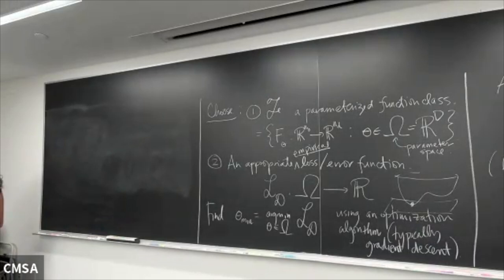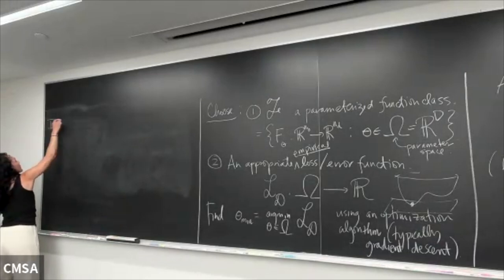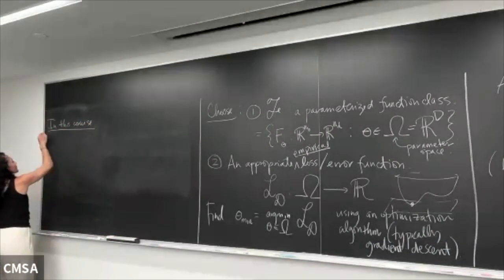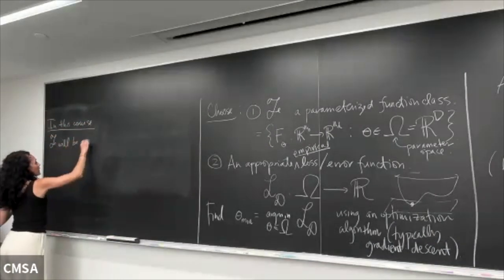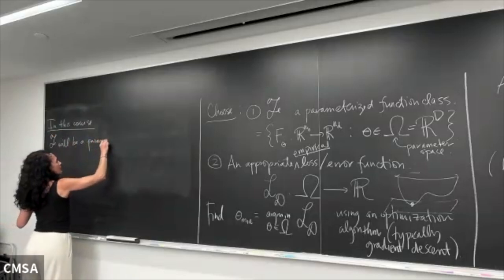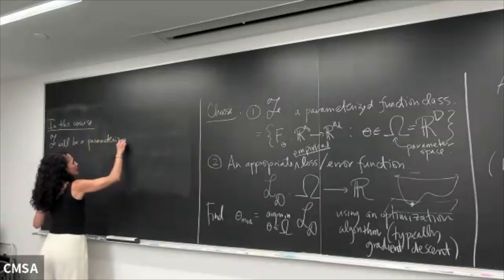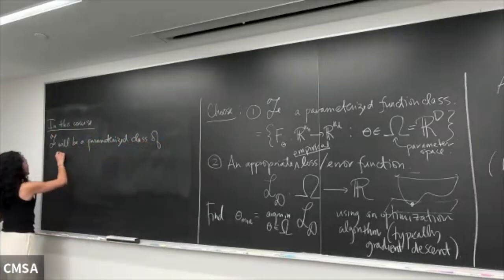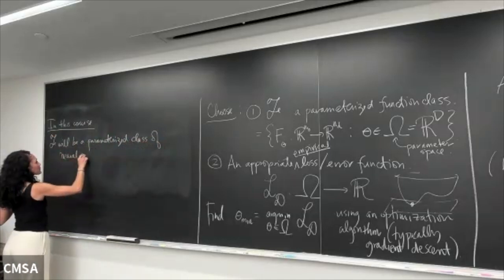What I'm going to talk about in this course is particular types of parameterized function classes. So in this course, F will be a parameterized function class, neural network functions of some architecture.